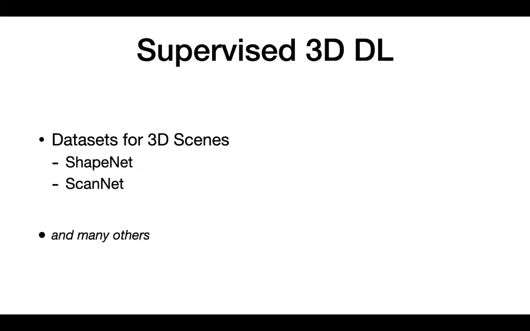For supervised 3D learning, we have data sets for 3D scenes and other kinds of data sets. In the course portal, we have many examples of 3D scene data sets, RGB data sets, and all other kinds of data sets. But I'm just going to single out ShapeNet and ScanNet, noting that there are many others you can look at for more information.